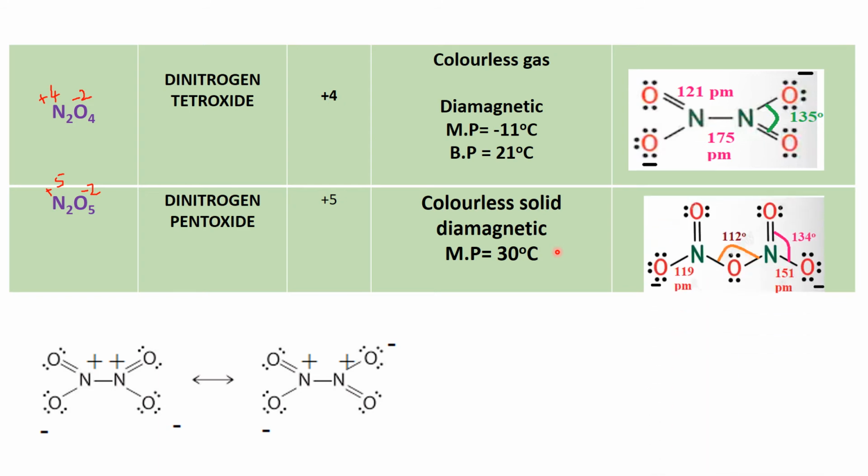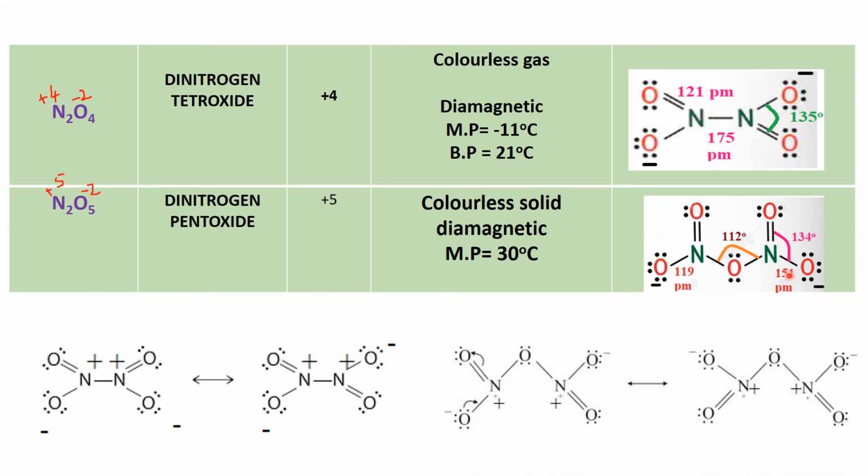It has a planar structure having resonance. Here the nitrogen bond angle is 112 degree. Nitrogen-oxygen bond length is 119 picometer here and nitrogen-oxygen bond length is 151 picometer here, and the oxygen bond angle is 134 degree.